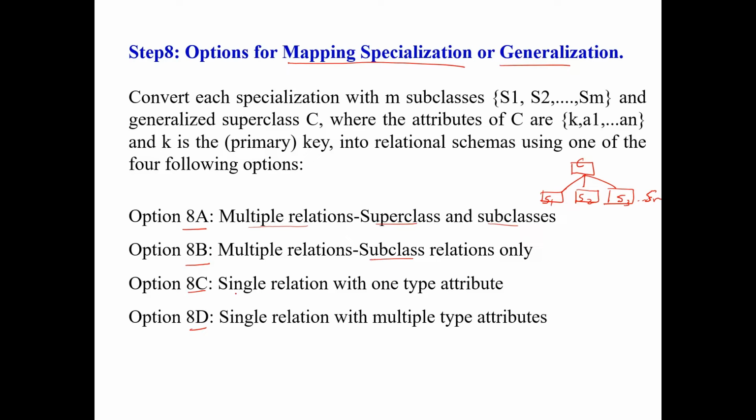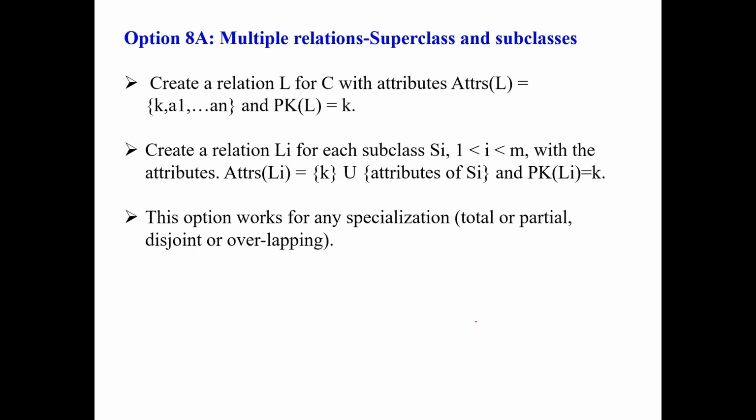Option 8C is only one relation for the superclass and subclasses with one type attribute. And the last, 8D, is a single relation with the superclass and subclasses, but with multiple type attributes. Let's understand each and every option in detail with a suitable example.